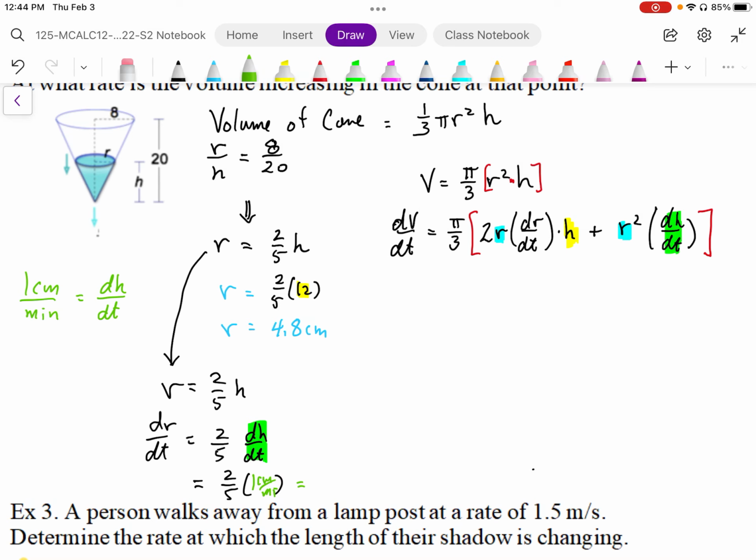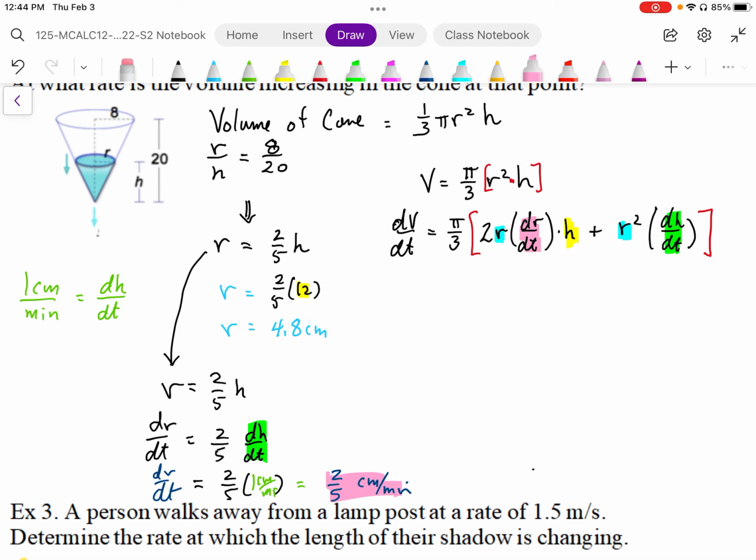So then this works out to be 2/5 centimeters per minute is my dr by dt. So that's what I'm going to fill in there. That dr by dt is going to be filled in with that.